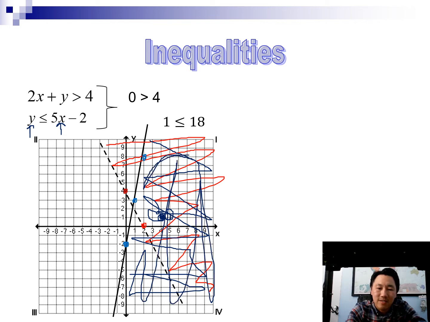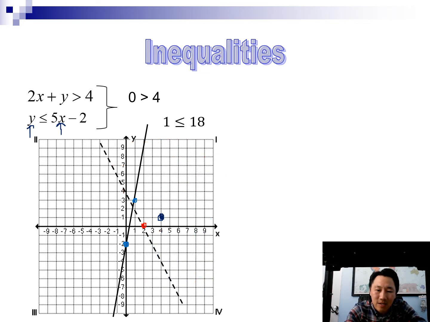Okay, now since this is a system, I am mostly concerned about where both graphs overlap. So the overlapping part is what I need the most. Now my graph is a little bit messy, so I'm going to erase everything and then remember where they overlap.